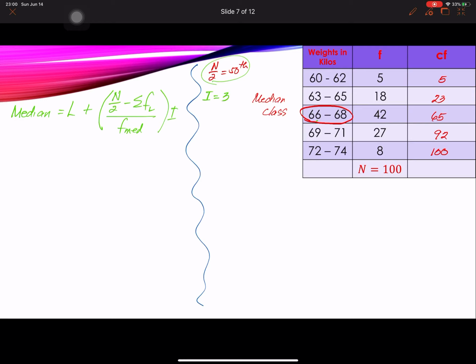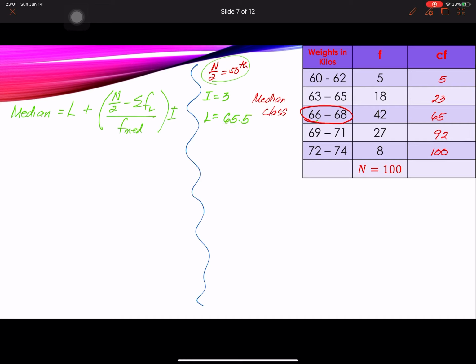Then your L is the true lower limit. Our lower limit in our median class is 66. The true lower limit is minus 0.5. So that gives you 65.5.